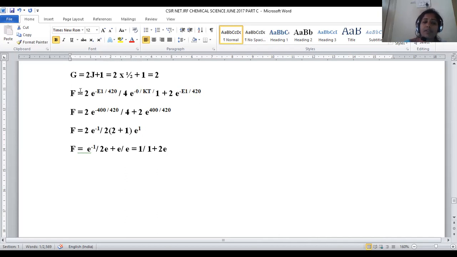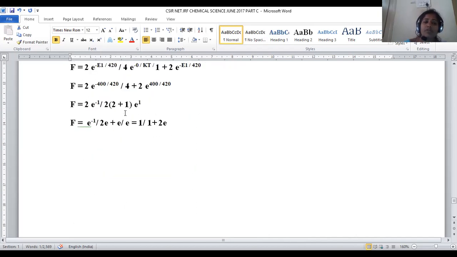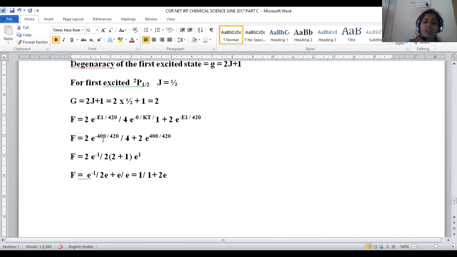Right? So this is the formula, just to be substituted with all the G values. And also the E1 and E2 values are provided. So E1 value is 400, E2 value will be 420. 400, 420 almost equal. We can take the power as 1 itself. So they get cancelled, compensated, so that we are taking this power as 1 only, right?